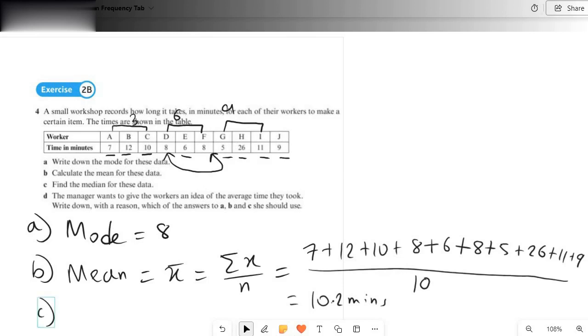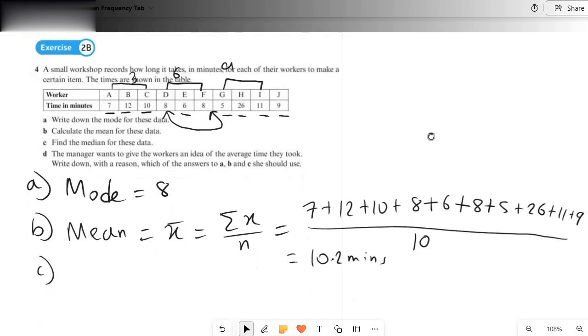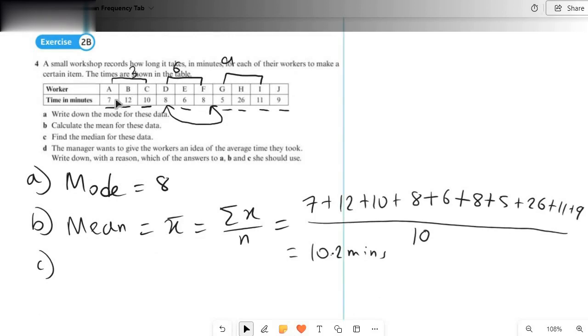For part C, we have to find the median for this data. Since there are only single values here, we can rearrange them in ascending order, just like we did in our previous video. So let us write down the smallest number first, which is 5. Then we have 6, after that 7.